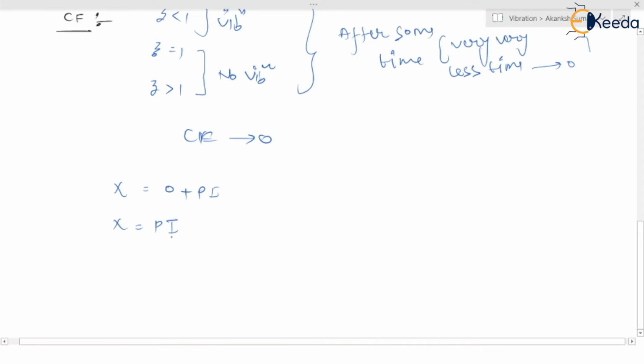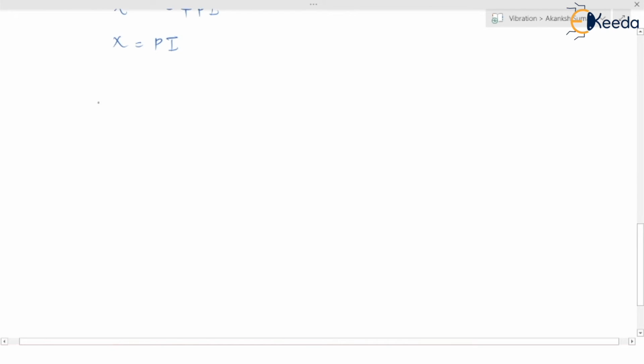Now we have to calculate the value of PI, the particular integral. So I am calculating the particular integral here and showing you how to calculate it.